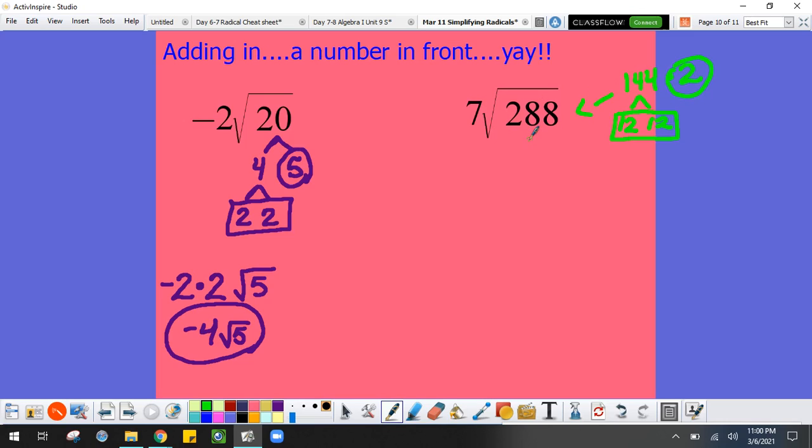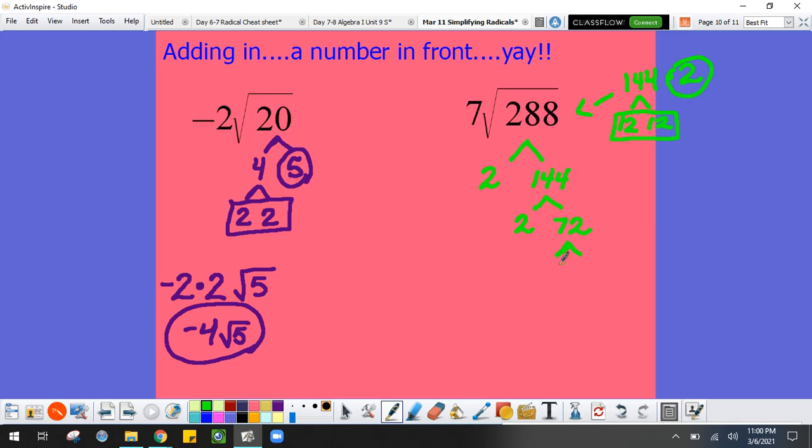But let's say that doesn't come in your head. Let's just say you start dividing by 2. Well, I'm going to get 2 and 144. But let's say your brain's not focused on perfect squares. So then you go again and you say that this is 2 times 72.